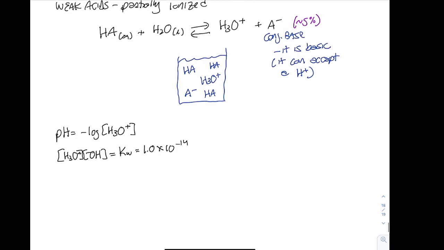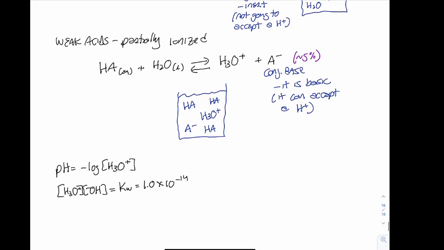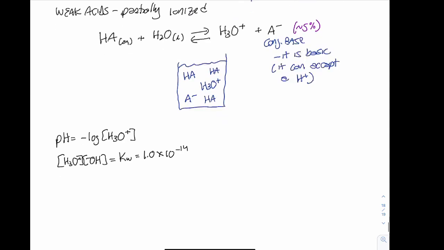Water reacts with water to form hydronium ions and hydroxide ions. Because water is a pure liquid, when we write our equilibrium constant expression for this, water is not part of that expression. So just hydroxide times hydronium.